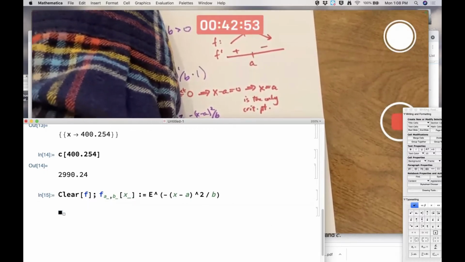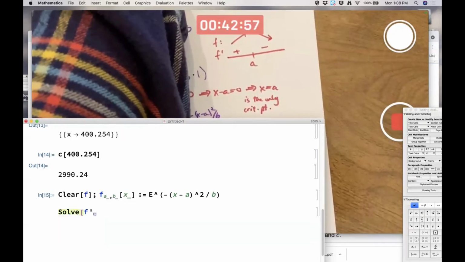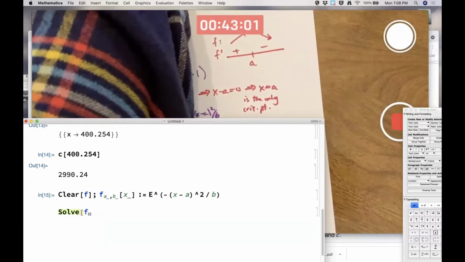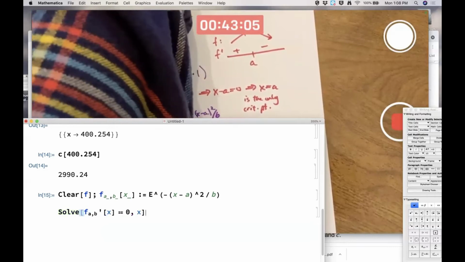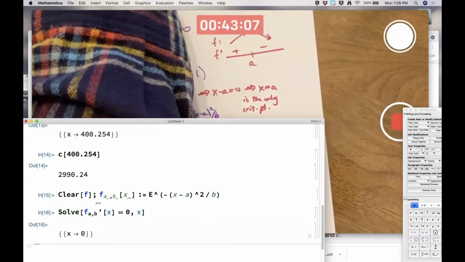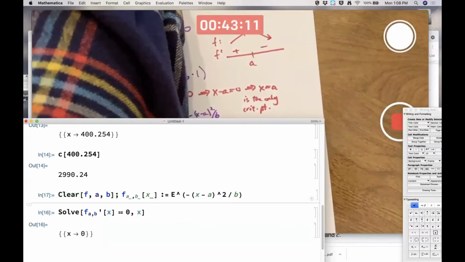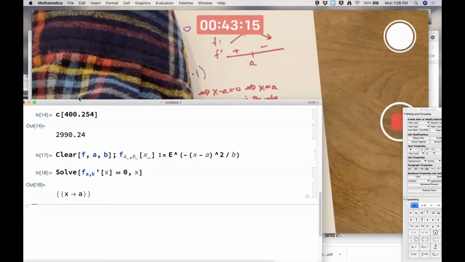So if I, for example, want to solve for where f prime sub a comma b, oops, I think I need the subscripts first. F sub a b prime of x equals 0. It must think a. Let's try clearing a and b as well. There we go. There's your critical point.